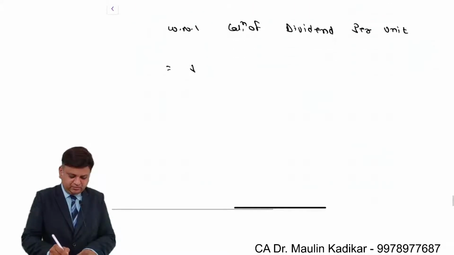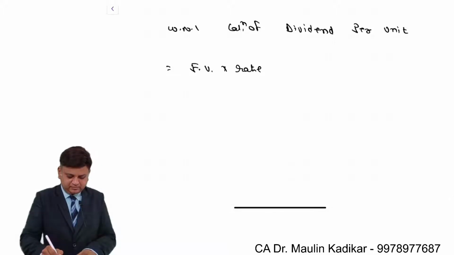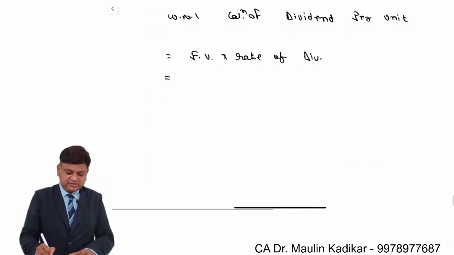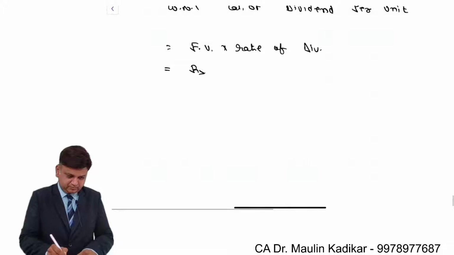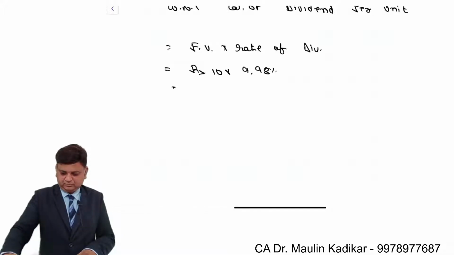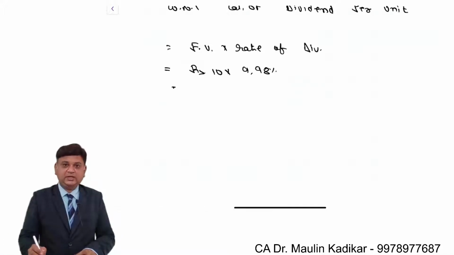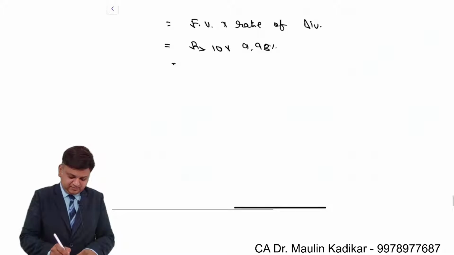It is face value into rate of dividend. Face value is 10 and rate of dividend is 9.98%. That comes to 0.998.